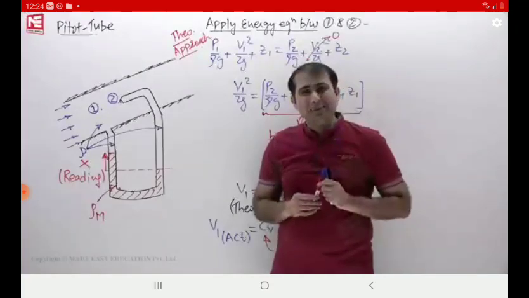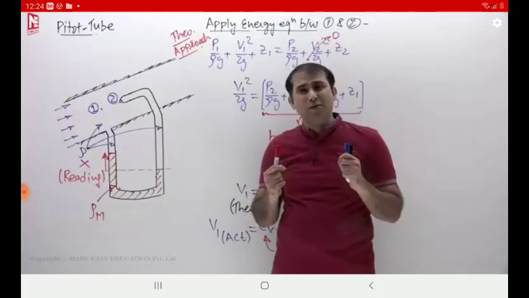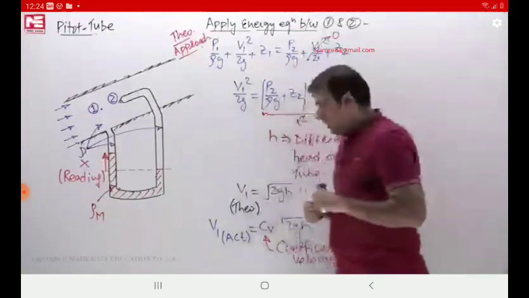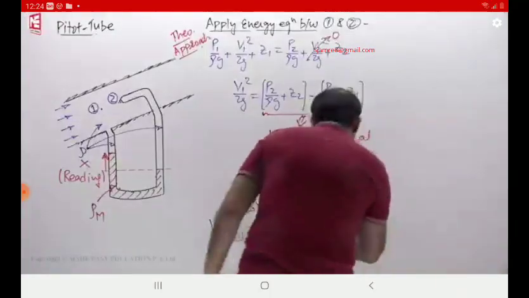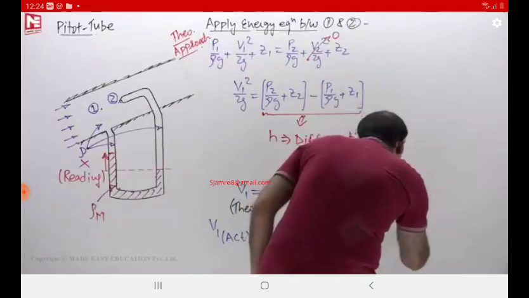So the device is made very carefully and the design is very good. That's why the Cv value here is nearly equal to 1, lying in the range of 0.97 to 0.99.